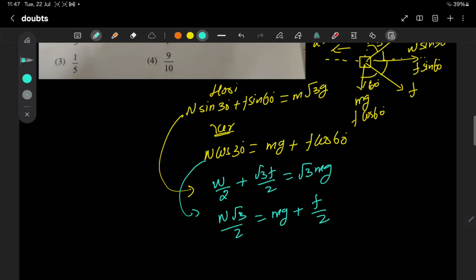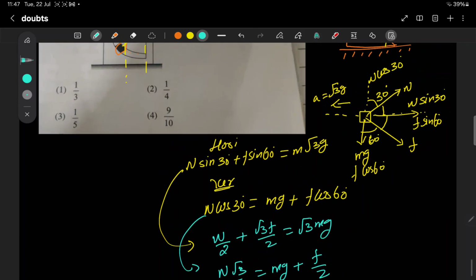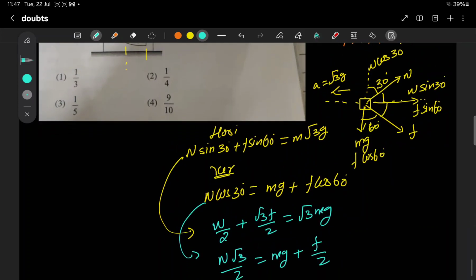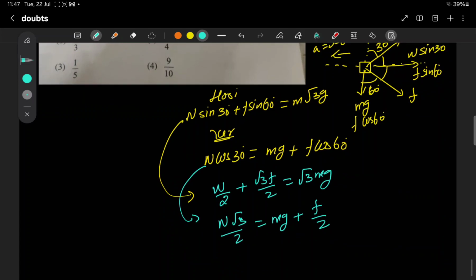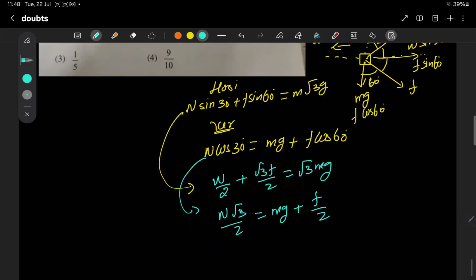The friction force is nothing but mu into N. We can find N by this equation.